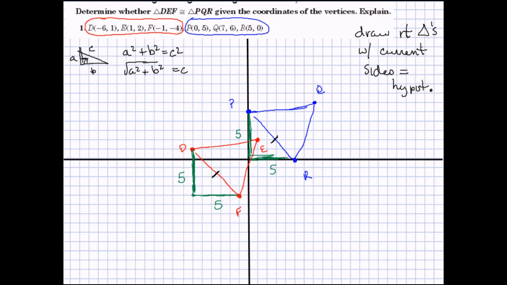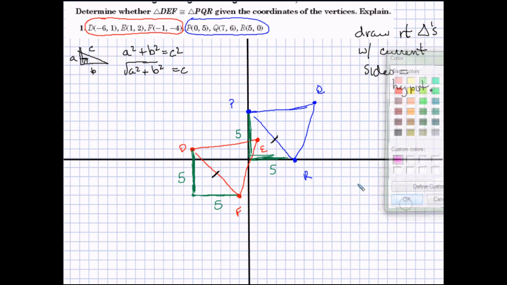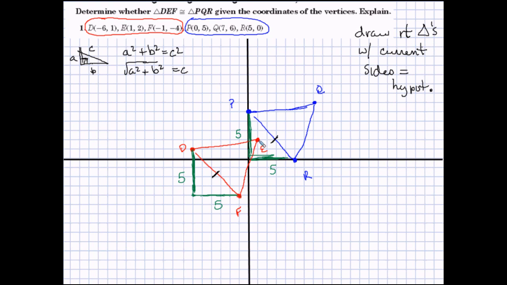And then I'll go to the next set of sides, and I'll go from D to E and P to Q. I go up 1 and then over 1, 2, 3, 4, 5, 6. Those are the same. 1 and 6, 1 and 6, so that makes those sides the same.